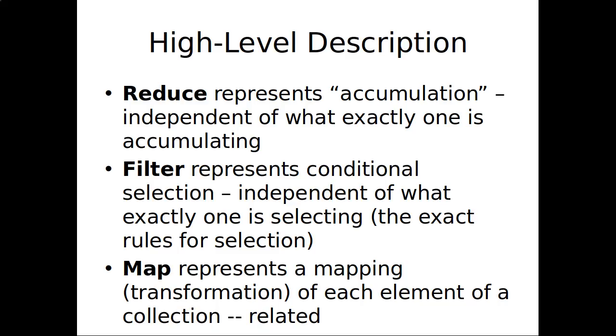So we have a collection A. Maybe this is an array, maybe it's a vector, maybe it's a set with map values, maybe it's a hash table, a dictionary. We'll have each of these elements, and then we're going to create corresponding elements in this new collection, each of which is going to be the result of applying the function we specified to the corresponding element of this original collection.